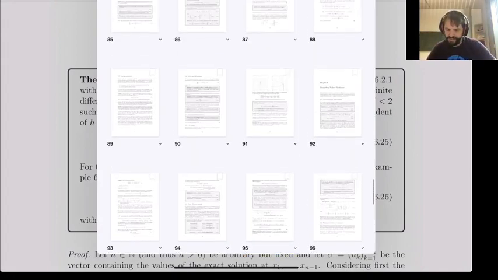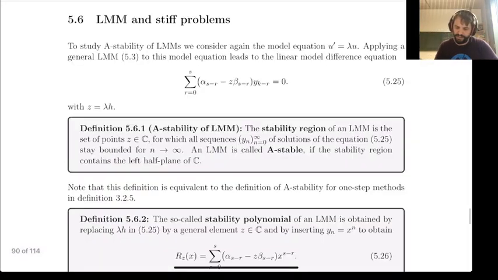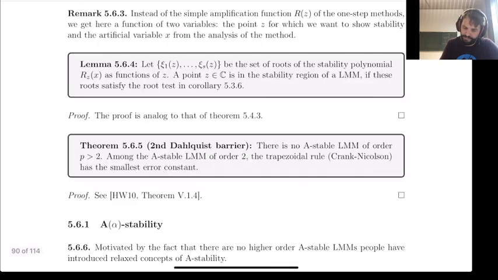we will see that the second Dahlquist barrier: there is no A-stable LMM of order greater than 2. So essentially, all the methods I described to you before, the BDF3, the BDF4, etc., are all not A-stable.